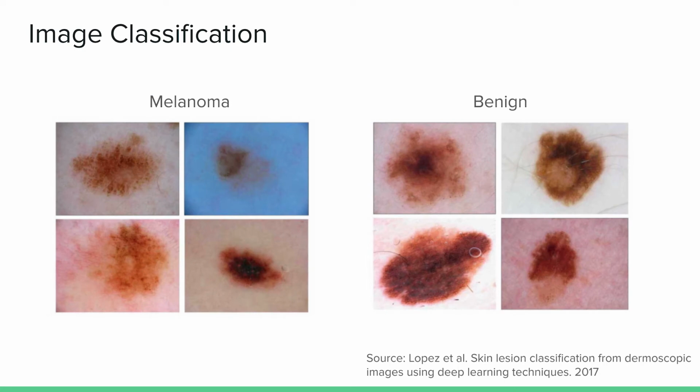Another example where you can use image classification is in the medical domain. If you go to your doctor and he sees some skin lesion, he has to take a look at it and try to figure out whether it's a melanoma, which is potentially dangerous, or some benign skin lesion that you don't really have to care about.